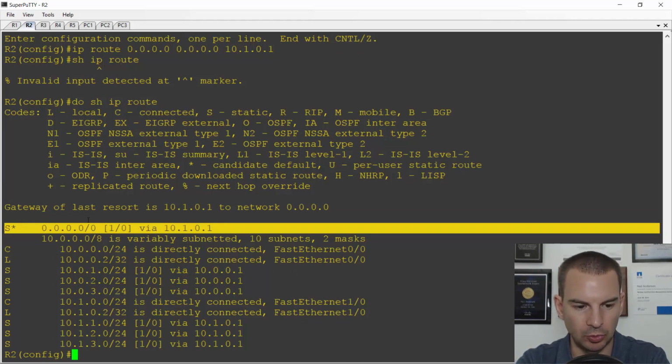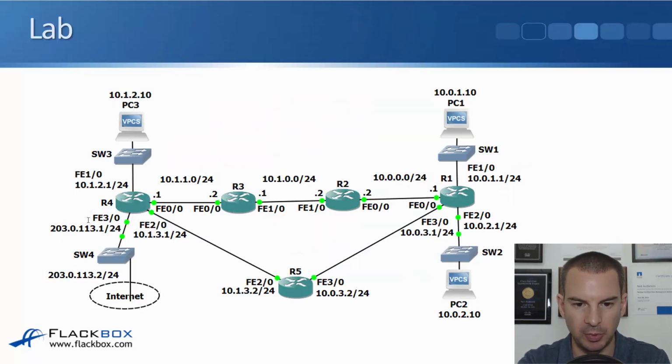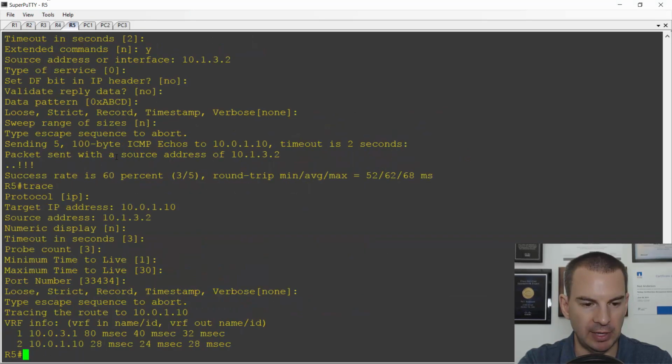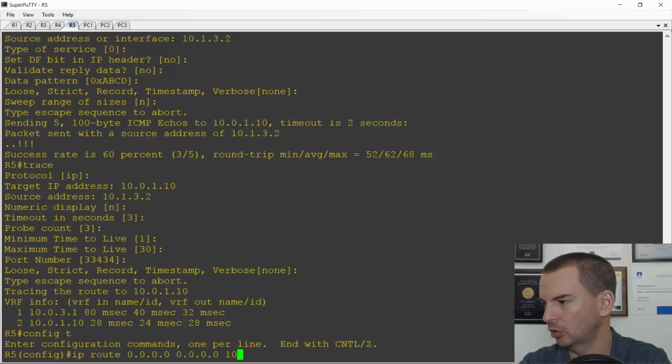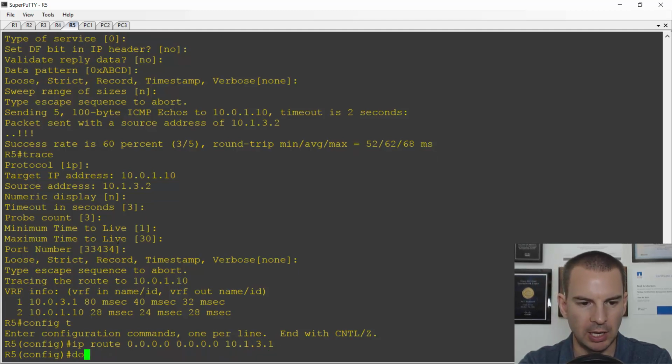And then we'll do R5 next. Let's just check what its next hop is. So R5, to get out to the internet, its next hop is 10.1.3.1. So R5 next, config t, IP route 0.0.0.0 0.0.0.0, next hop 10.1.3.1, and verify.